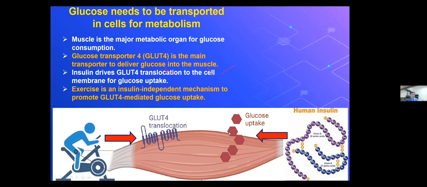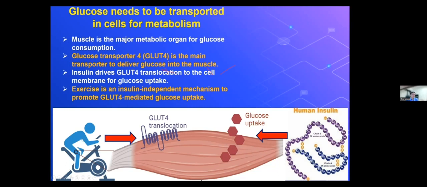GLUT4 translocates, basically delivering the sugar from blood into the muscle cells. Therefore, GLUT4 translocation is critically important for the muscle to use the sugars. And insulin is a major hormone that promotes GLUT4 translocation to the cell membrane to move the sugars into the cells for consumption.